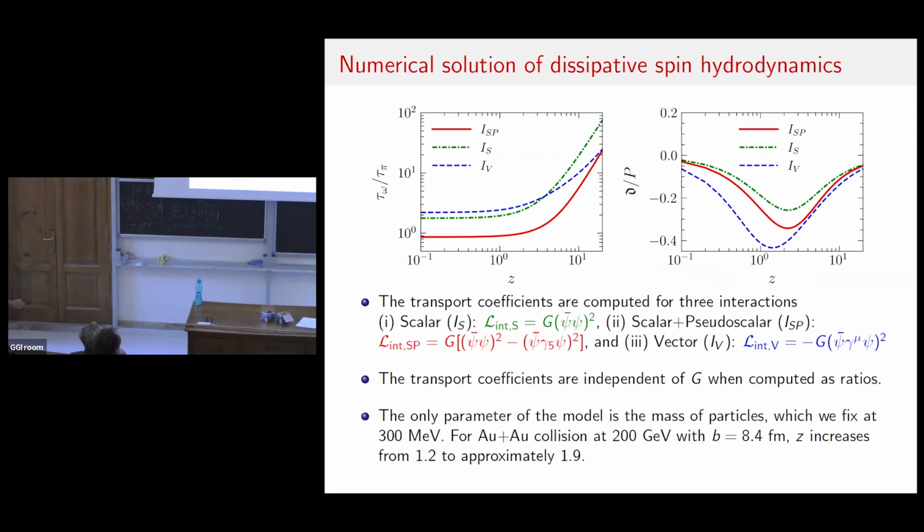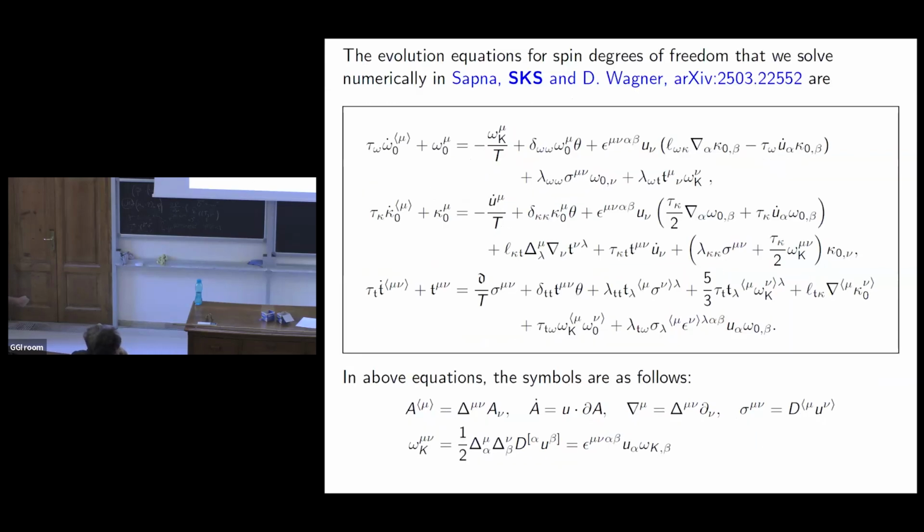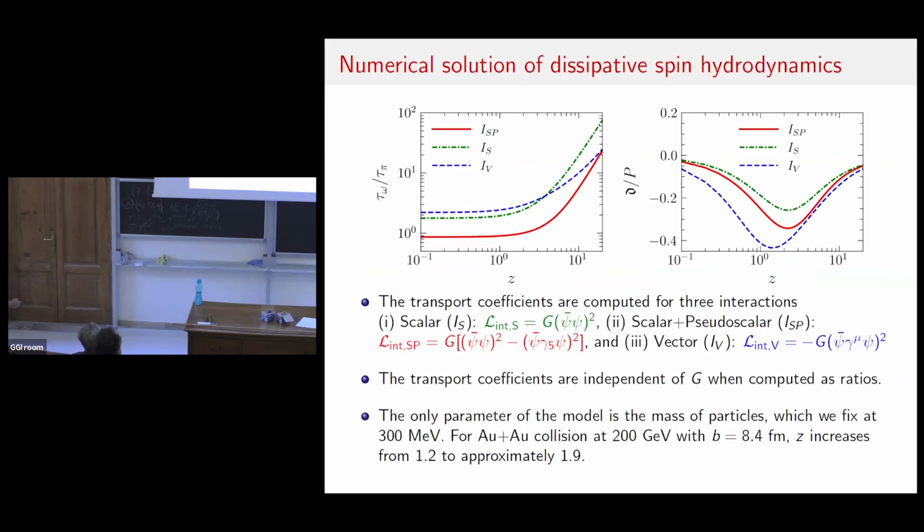And one is this transport coefficient D, which essentially determines how large the dissipation is in the system. These coefficients are computed for three interactions. The green line is for a scalar interaction, the red line is for a scalar pseudo-scalar interaction, and the blue line is for a vector interaction.